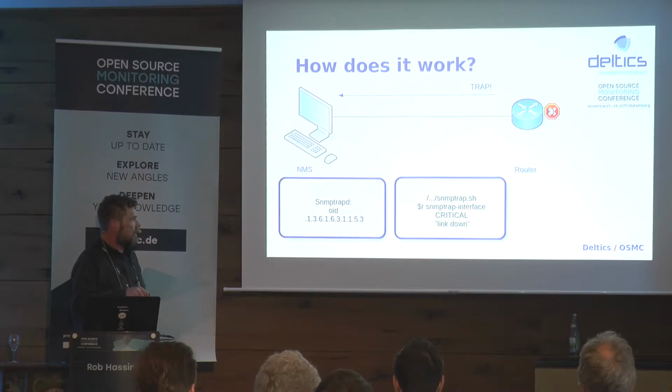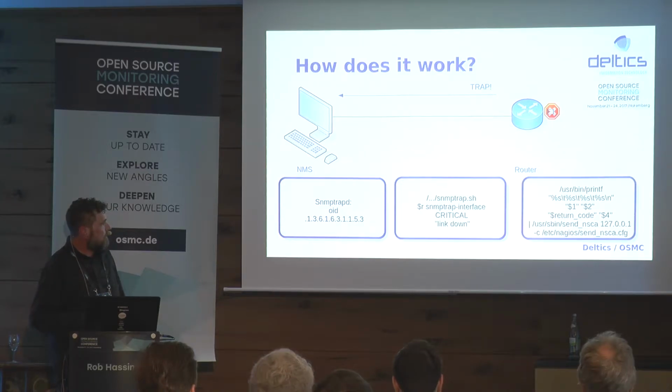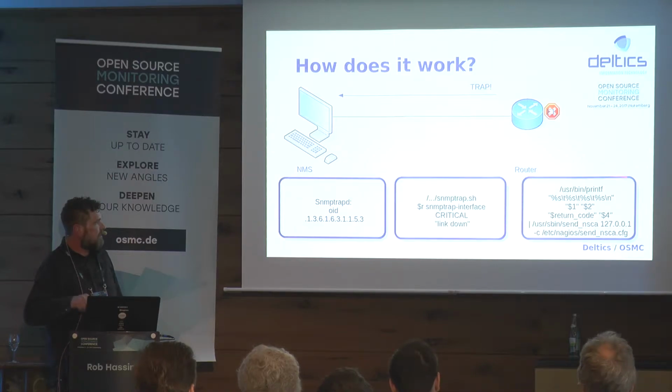Sending out the service description, network interface, critical, and I send that the link is down. In my SNMP trap shell, I'll send everything via NSCA to my Nagios environment.